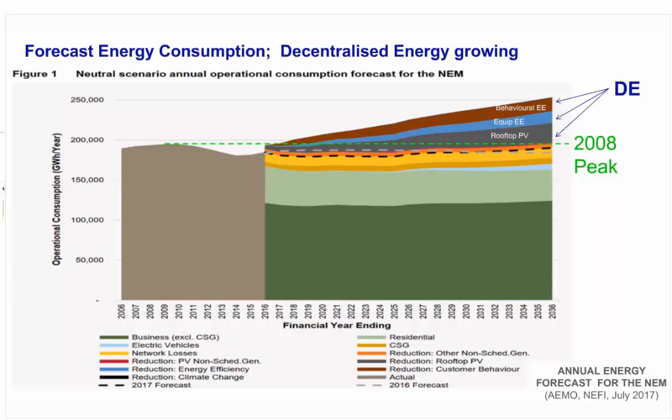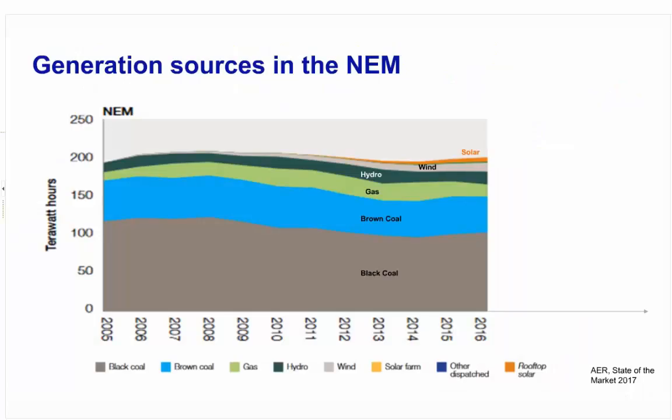To look at that same data from another perspective, this is looking at the shift in how generation sources have changed in the national electricity market. So there's that striking decline in coal consumption in the mix, gas a little bit up and down, hydro mainly through Snowy and through Tassie Hydro being about the same, but the growth in supply coming from renewable sources.